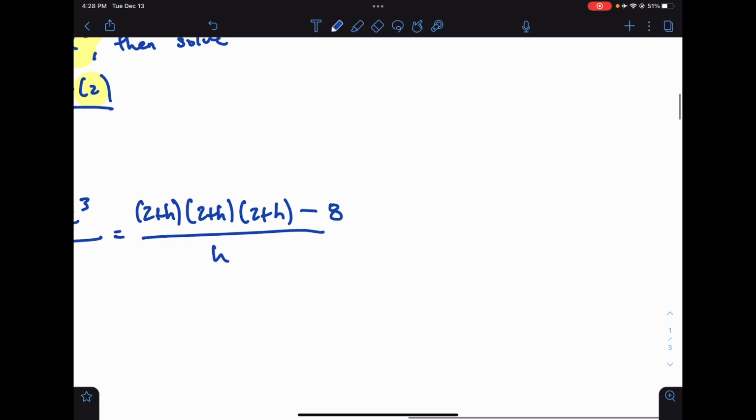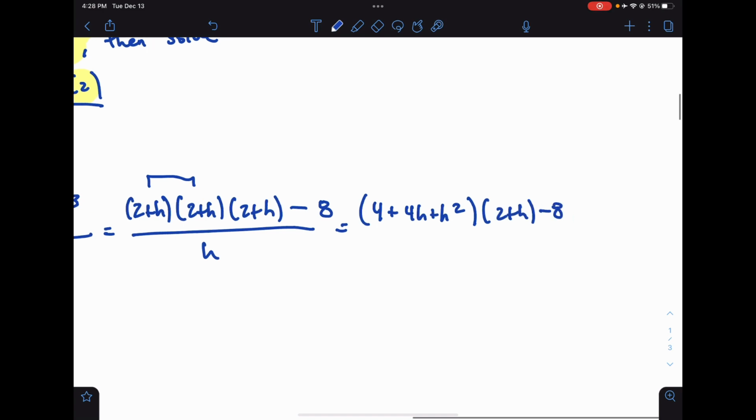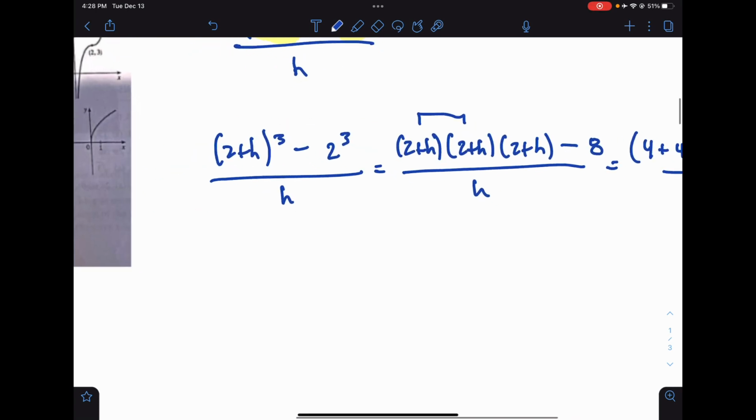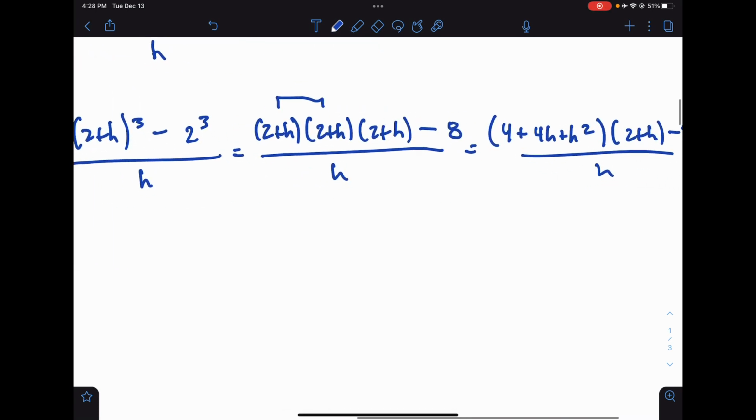Okay, so this will be 4. Right now I'm multiplying both of these. 4 plus 4h plus h squared times 2 plus h minus 8 all over h. And then we're going to do that all again. Now we're going to multiply both of these.